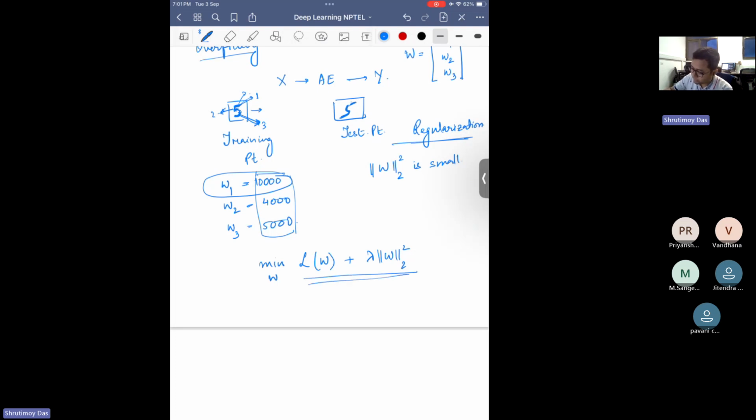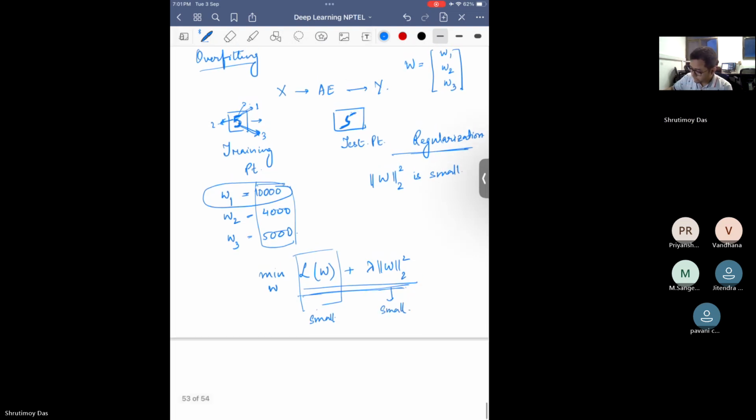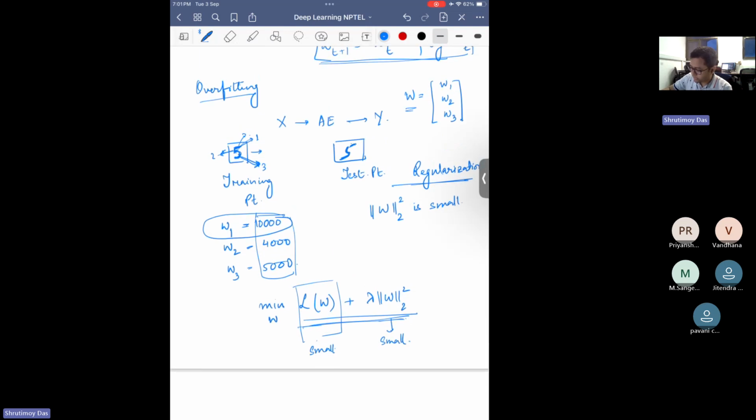So what it does is it will try to minimize this whole quantity. Earlier it was only trying to minimize this quantity, and now it will try to minimize the sum of these two terms. So for that to happen, this should be small, right? And this should also be small, right? Now let us write down this thing. What is the 2-norm of W squared? So this is basically W1 squared plus W2 squared plus W3 squared, right?